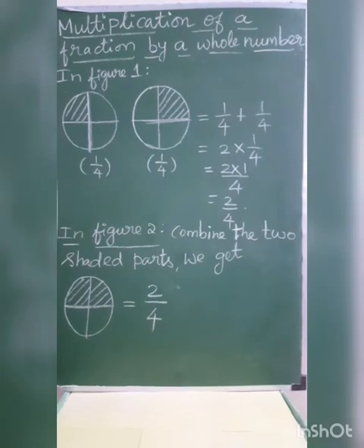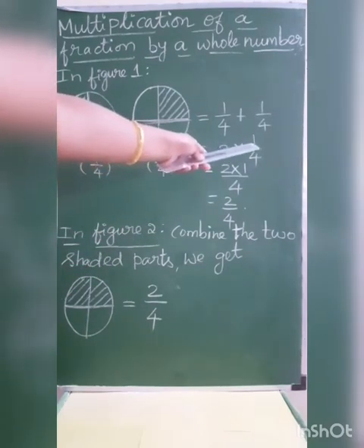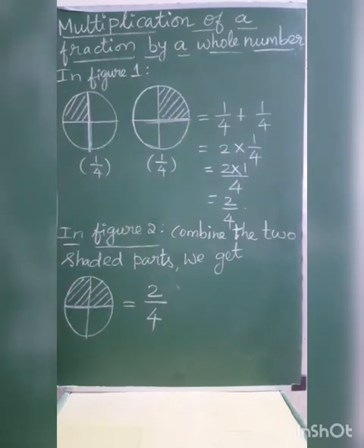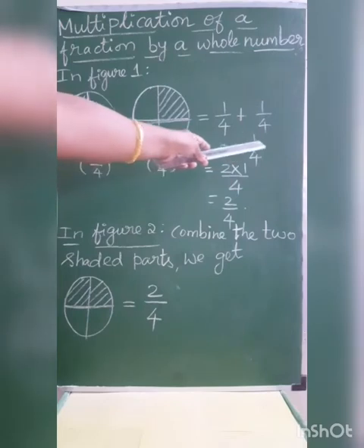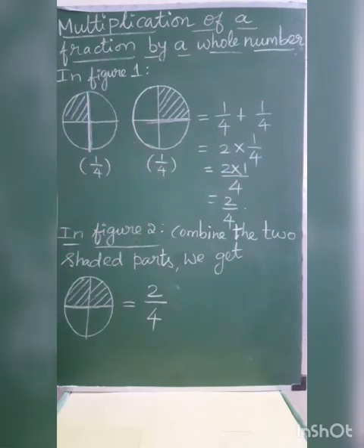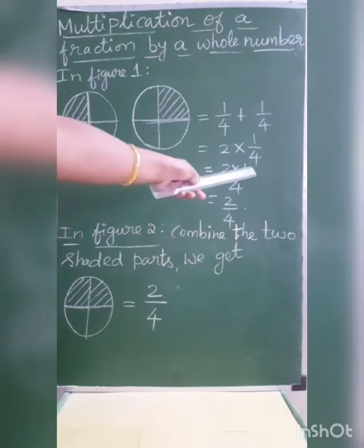What do you do in this case? The whole number is multiplied with the numerator, keeping the denominator the same. What's the denominator value? Keep the denominator value the same. So 2 into 1 is 2, and the denominator value is 4.